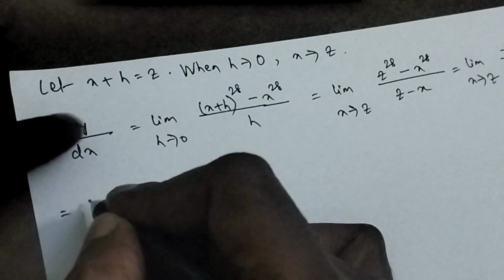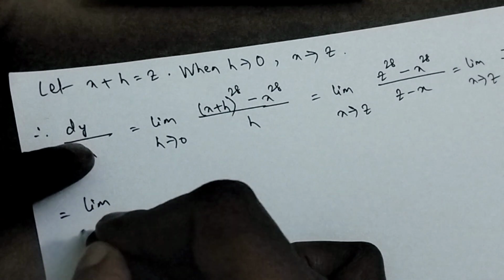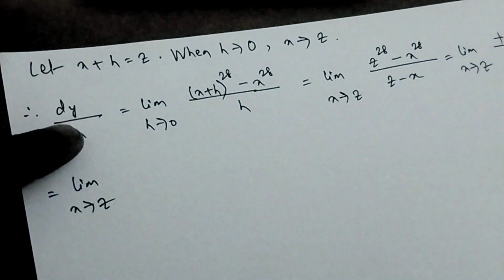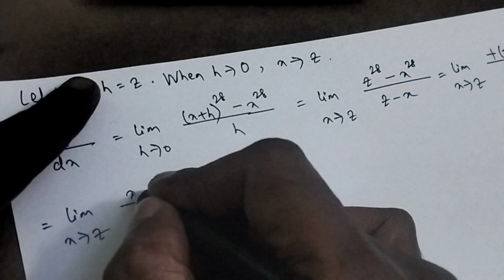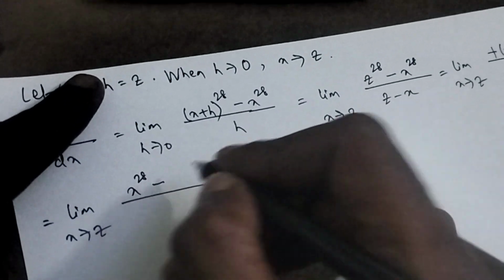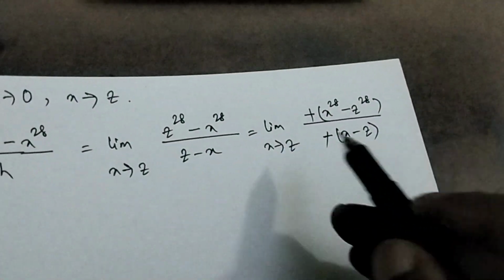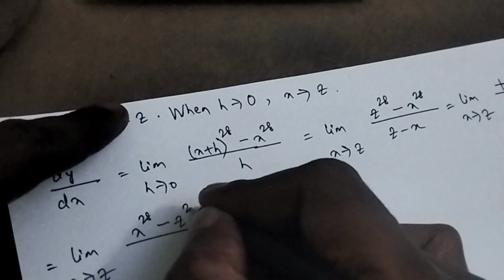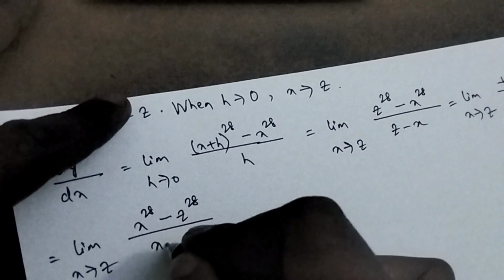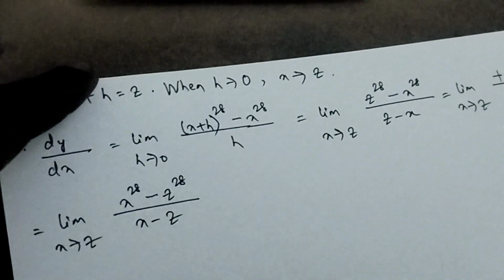So it is equal to limit x tends to z of x to the power 28 minus z to the power 28 by x minus z.